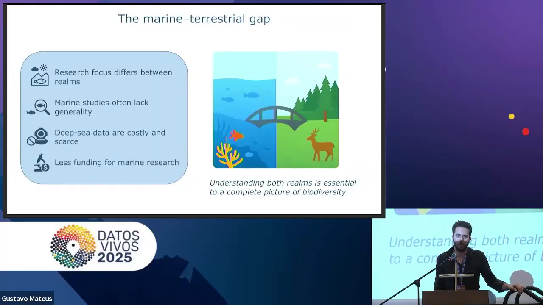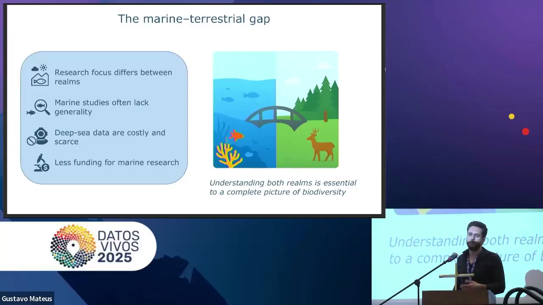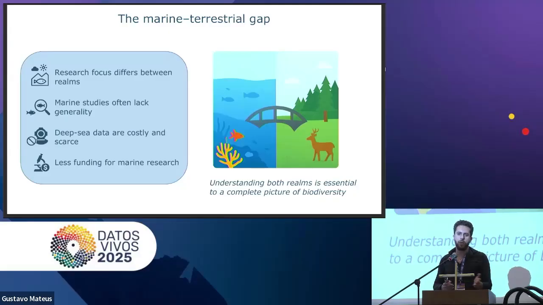And we all know that there is this big marine-terrestrial data gap. So it makes sense. We are terrestrial species, so we live here, we breathe air. So of course, it's much easier for us to collect data in the terrestrial environment. But also, these two realms, the studies on them historically have taken a bit separate paths.